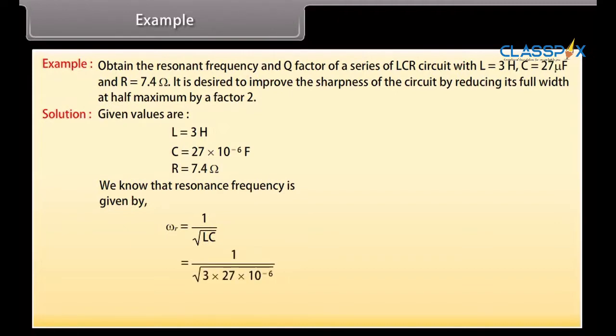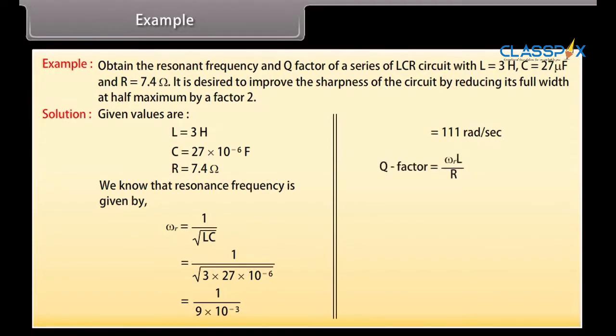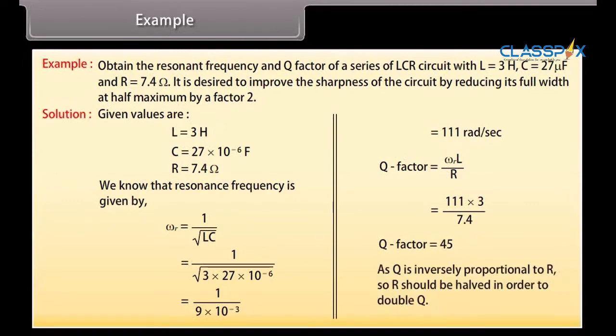Putting the values, we get resonance frequency equal to 111 radian per second. Q factor is equal to omega naught L upon R. Putting the values, we get Q factor equal to 45. As Q is inversely proportional to R, R should be halved in order to double Q.